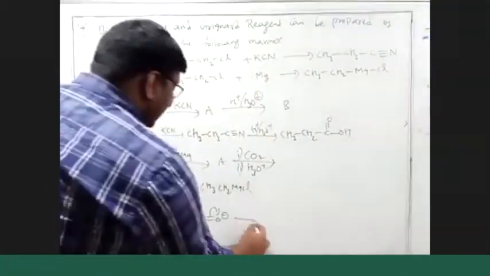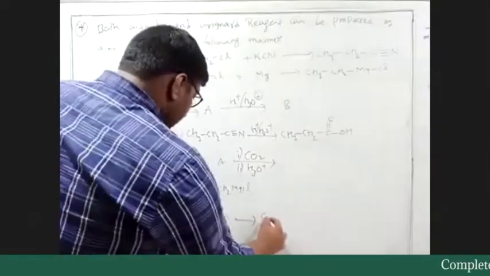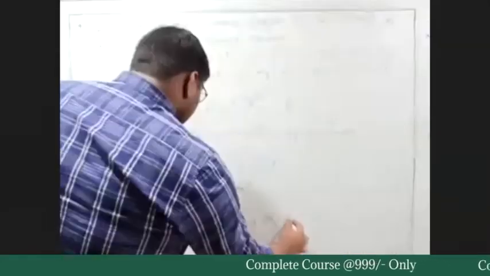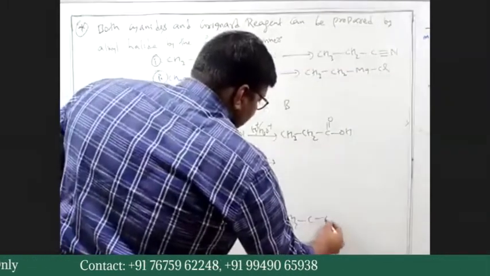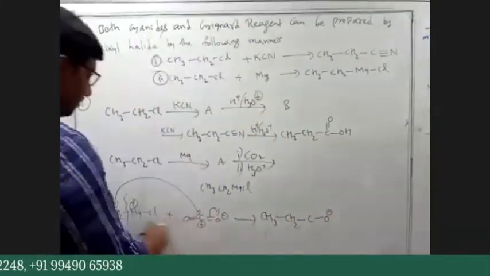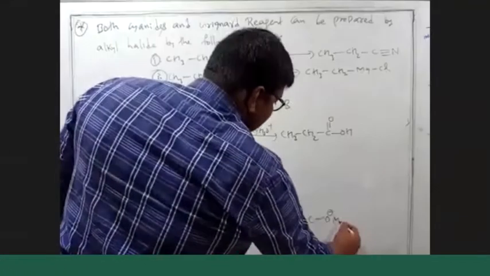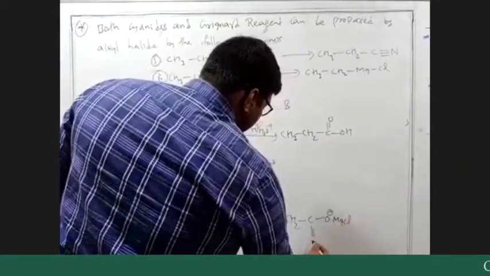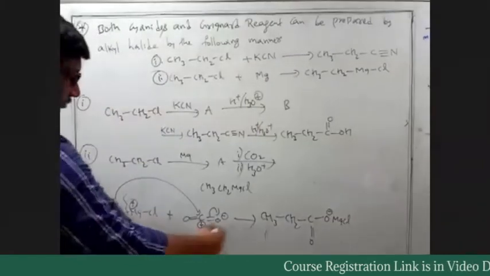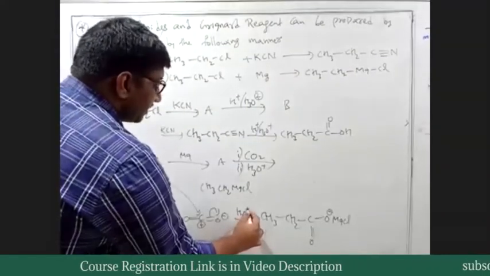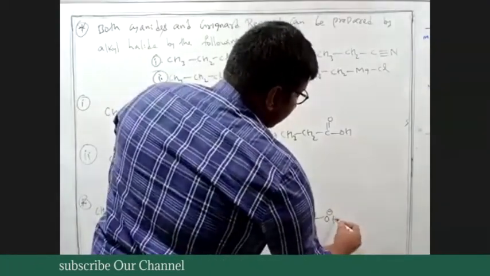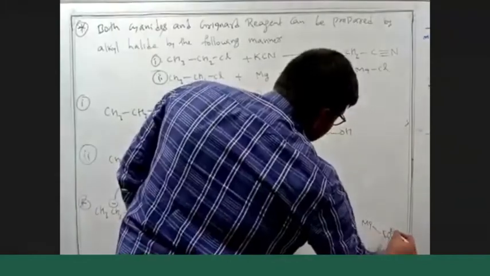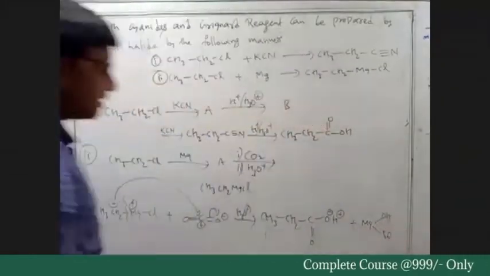As soon as the attack is initiated, we get CH3CH2C(=O)O⁻ with MgCl. If we write the hydrolysis step here, we get the acid CH3CH2COOH along with MgClOH.